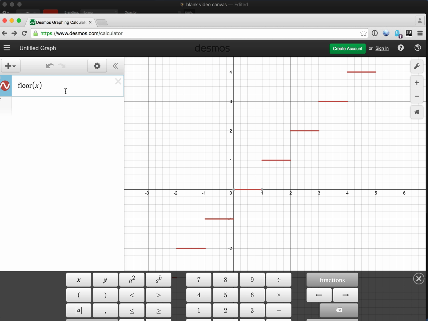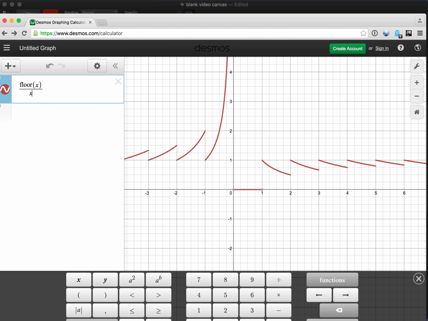Okay, so let's see if Desmos agrees with us. What does Desmos say? Same thing. Is that what we concluded? So the limit as x approaches 1 from the left, we said it was 0.